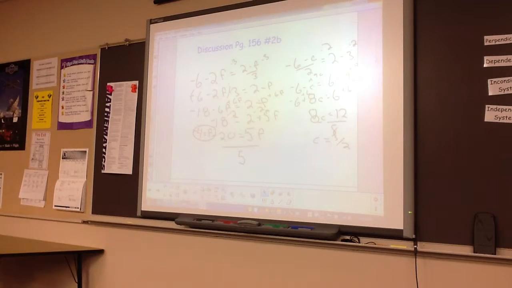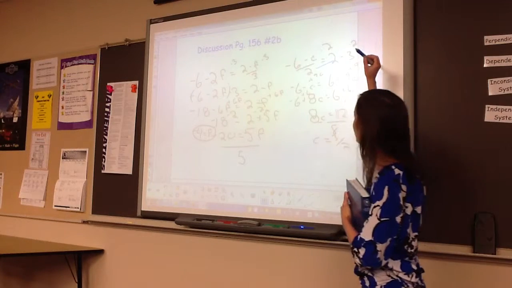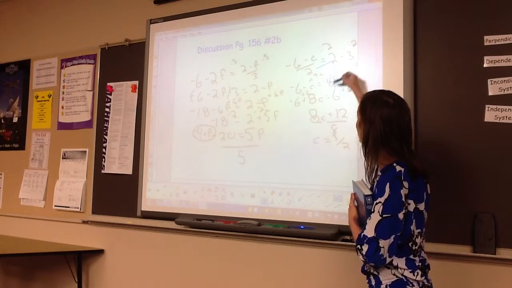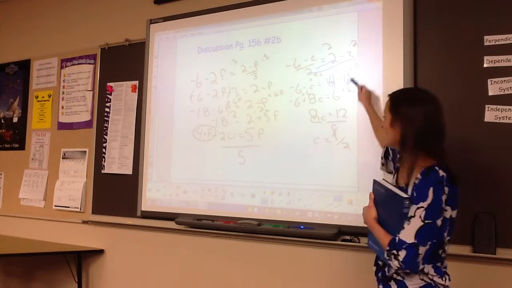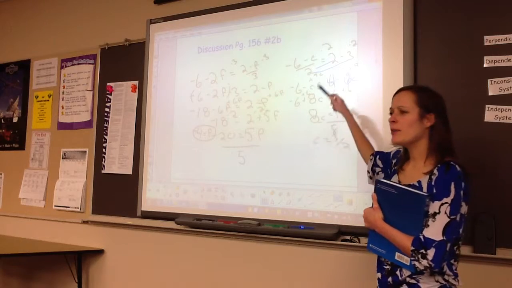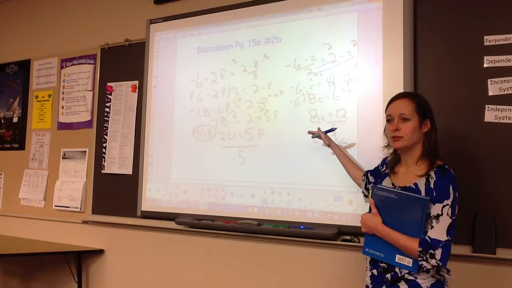Comments? Up there at the top right, when she multiplied the 3 by 2, shouldn't that be a 6 instead of a 9? So 2 times 3 is 6. Is that going to change all this? Yeah. Okay, how many of you did all of this to get your other answer?